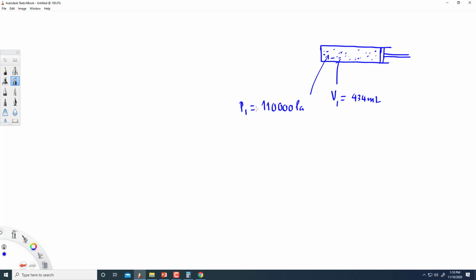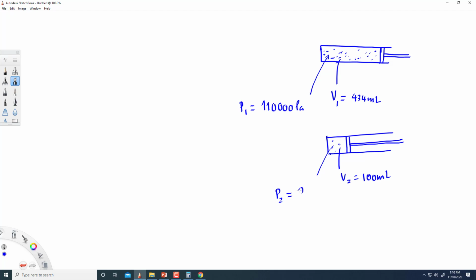Now you squeeze the air and reduce the volume to 100 milliliters. And when you do that, the pressure will be increased.